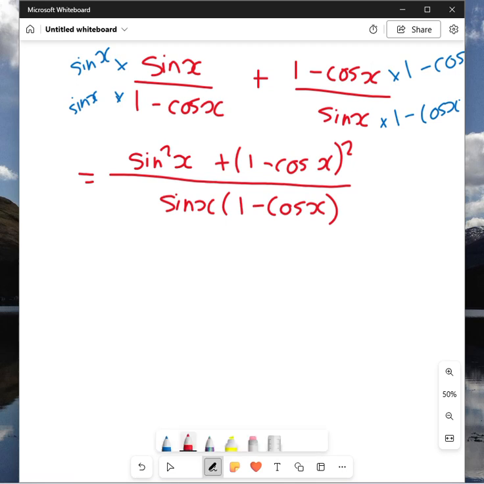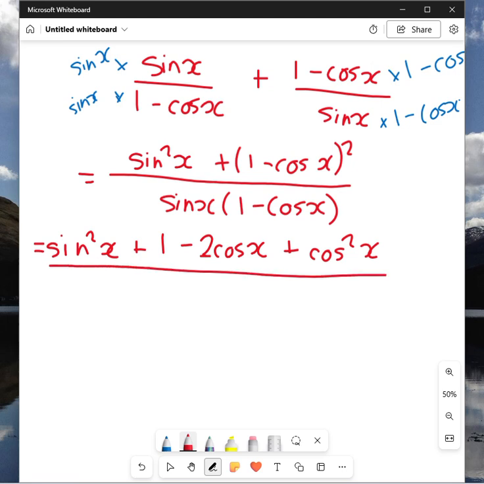So I'm still going to have my sin squared x there, and then I'm going to end up with a 1, then a minus 2 cos x, and a plus cos squared x on the top, all still over sin x times 1 minus cos x.